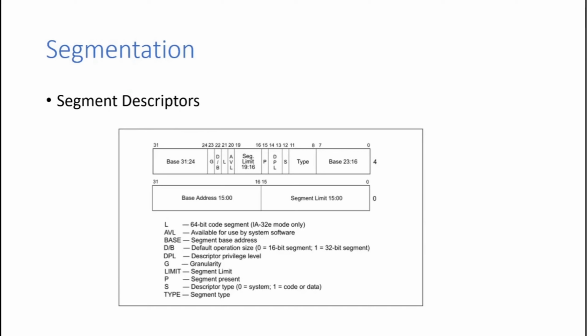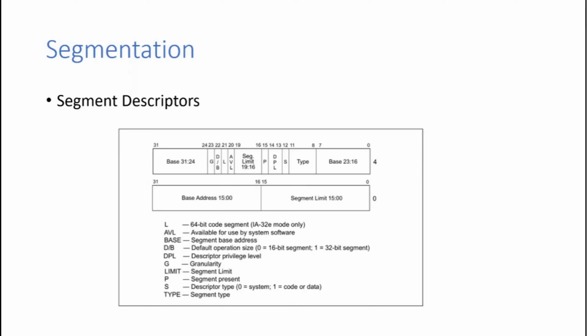Each segment is described by an 8-byte segment descriptor which describes the segment characteristics. The segment descriptors are stored either in the global descriptor table or in a local descriptor table.